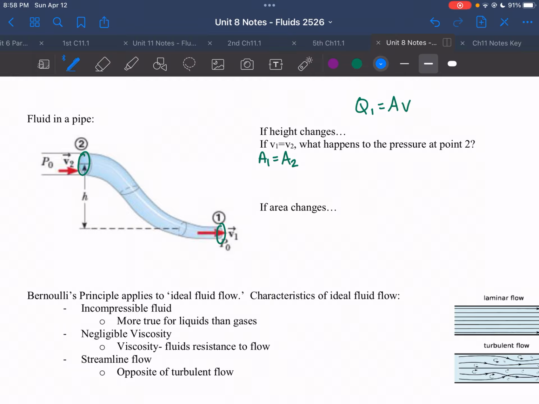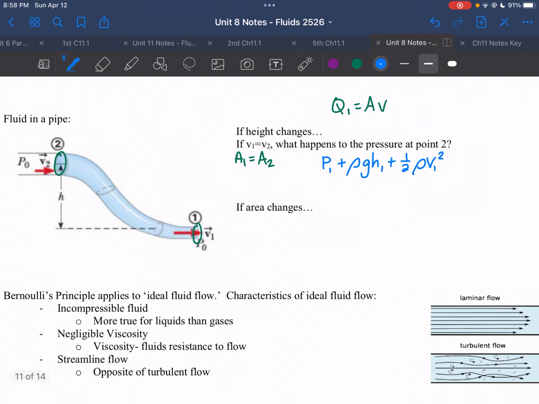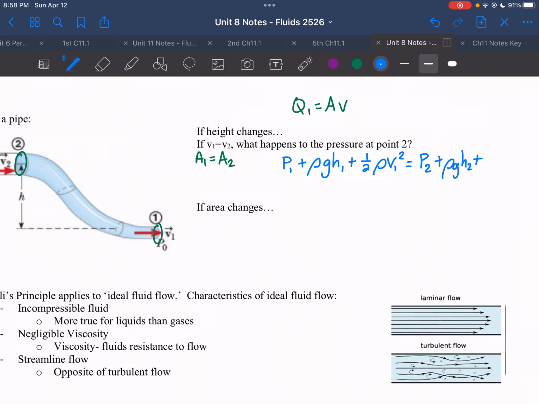So when we take our equation for Bernoulli, which says that the pressure at 1, the gauge pressure here, plus rho gh at 1, plus 1/2 rho v squared at 1, that's equal to the same exact thing at our second location, plus 1/2 rho v2 squared.